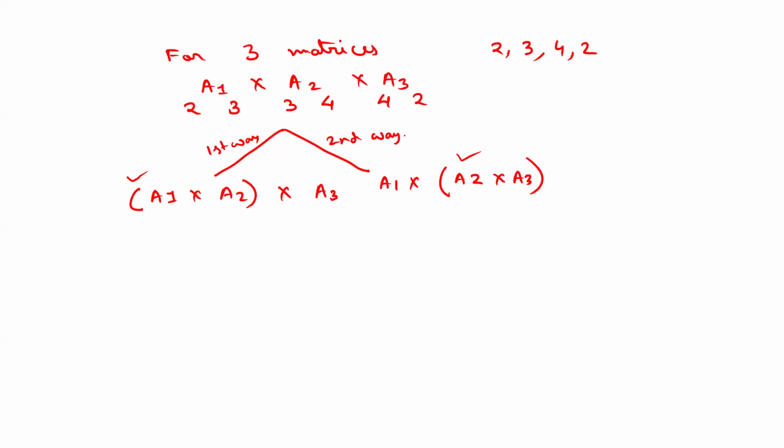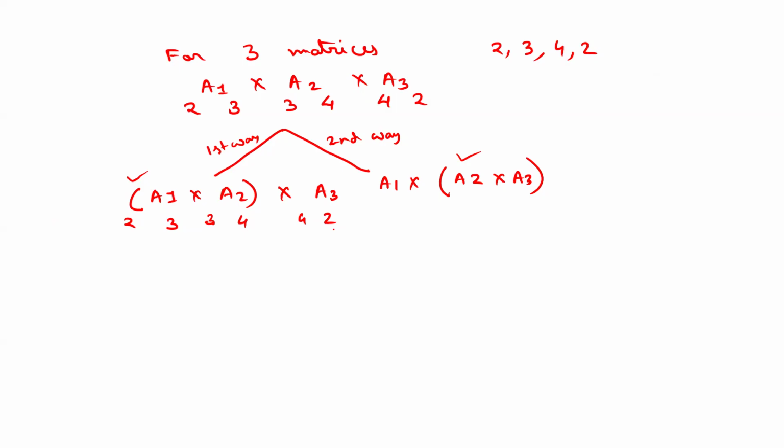Now the solution should be the one which gives the minimum cost, that is, the minimum number of multiplications. Now we calculate the total number of multiplications. Suppose the dimension of A1 is 2, 3, the dimension of A2 is 3, 4, and the dimension of A3 is 4, 2.